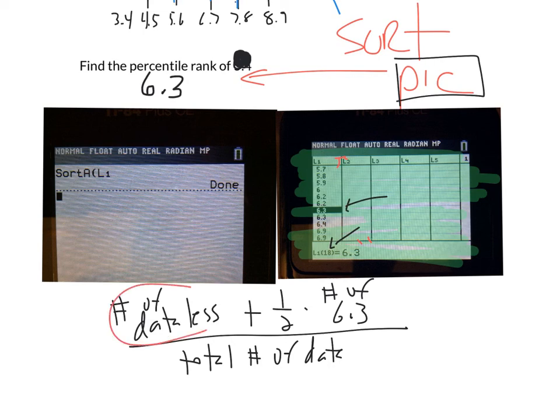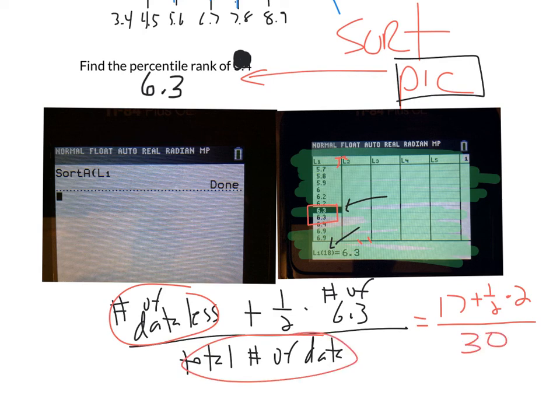So that means the number of data less has to be 17. So it's going to be 17 plus 1/2 times, here there's 2 6.3s, so it's 1/2 times 2, all over the total number of data, which they told you in the question were those 30 batteries. Do this computation on your calculator and take a picture.